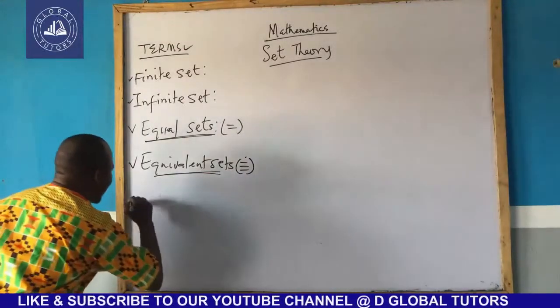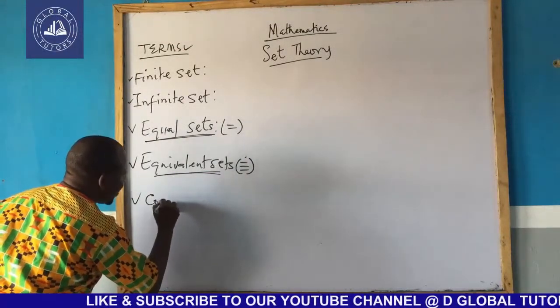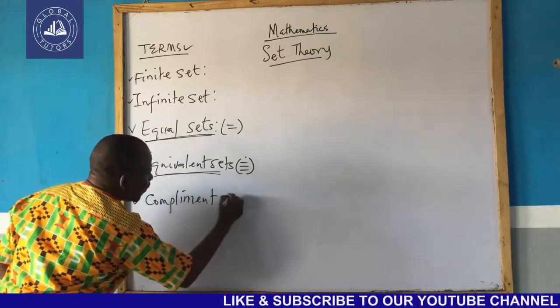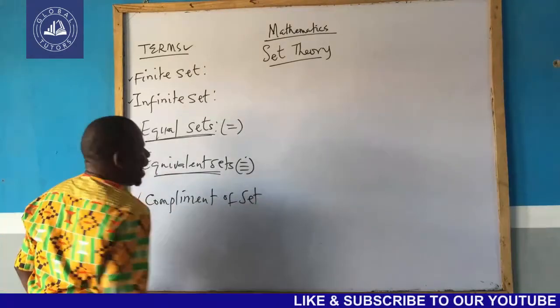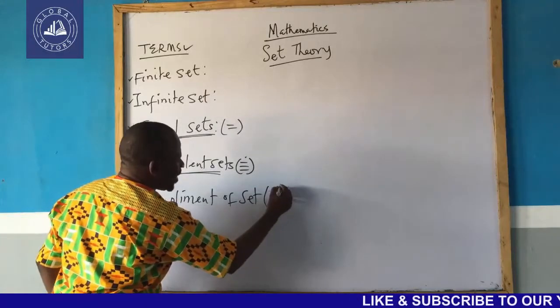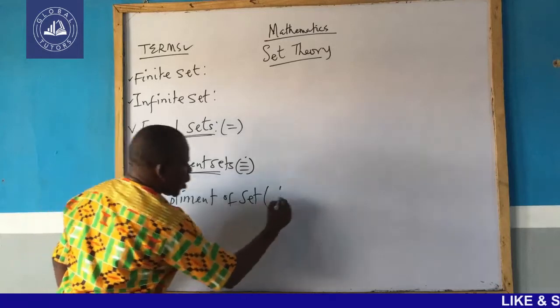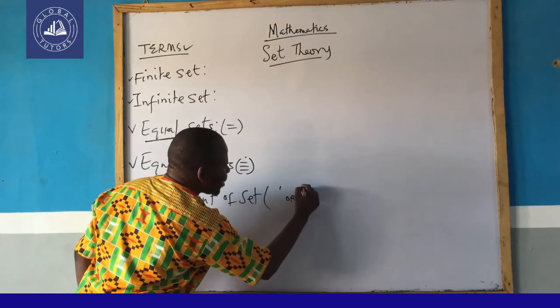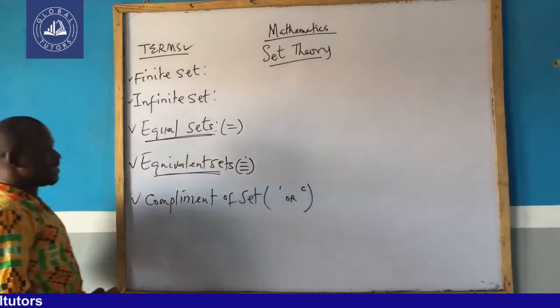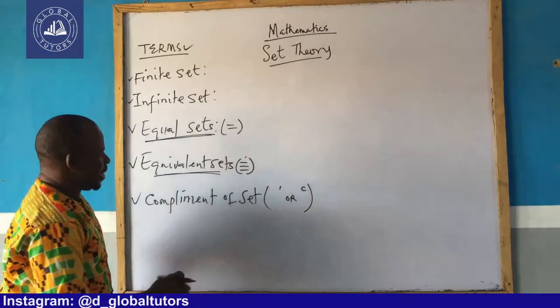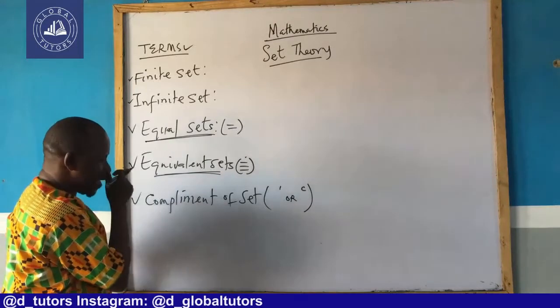Now, the term I want to consider is called complement of sets. Now, you can symbolize this with a prime as an index, or you symbolize it by putting C as an index. Now, what do we call complement? Let me explain it with this example.